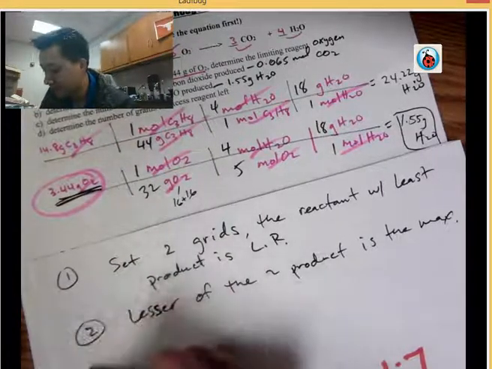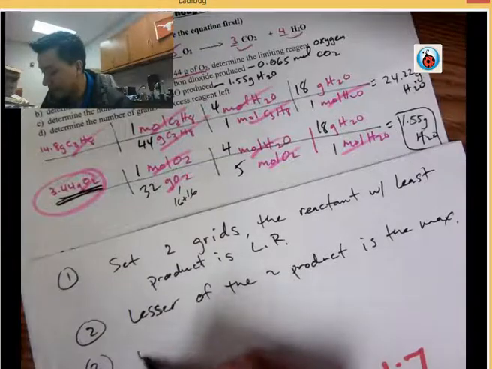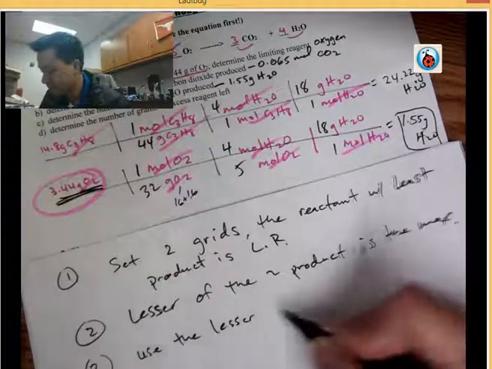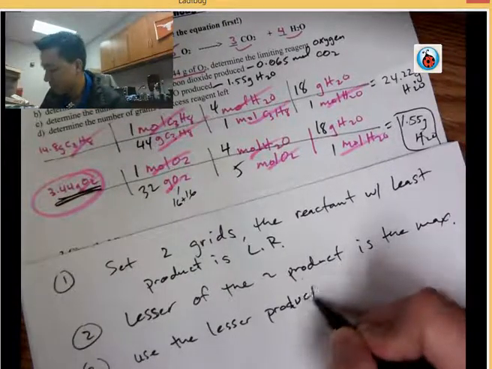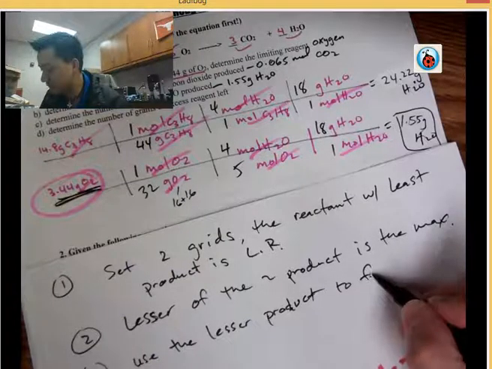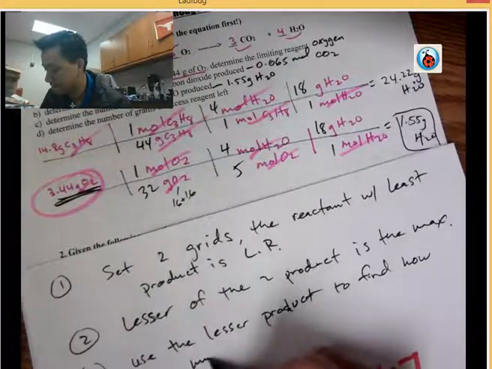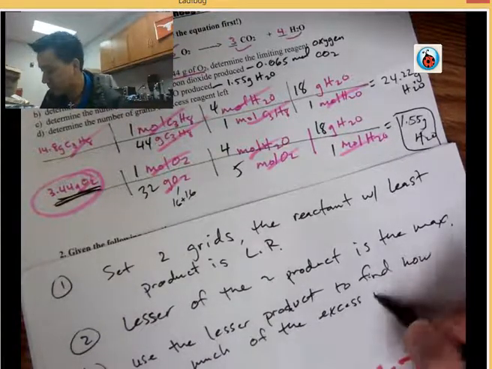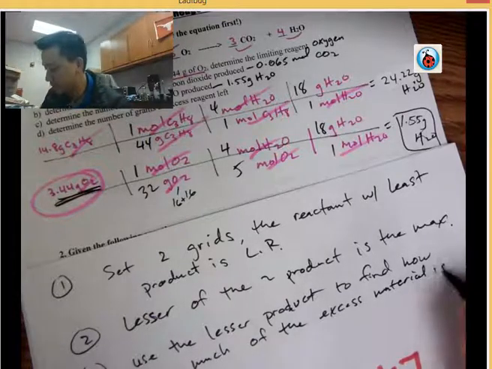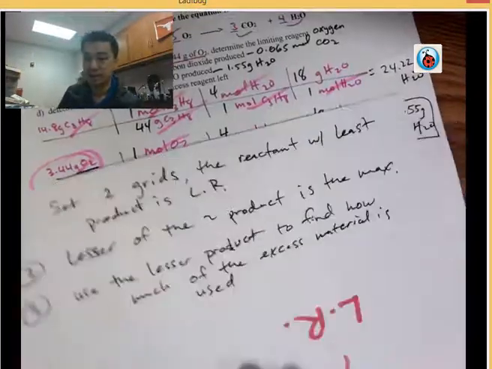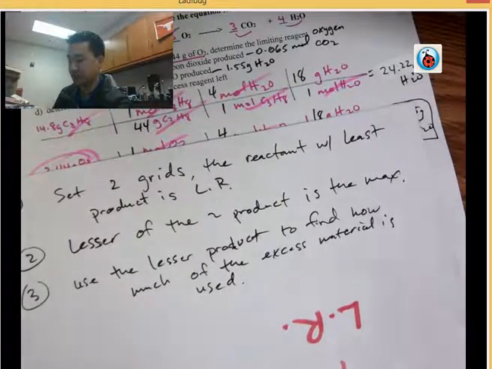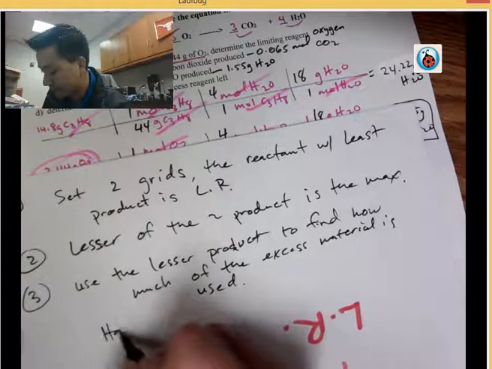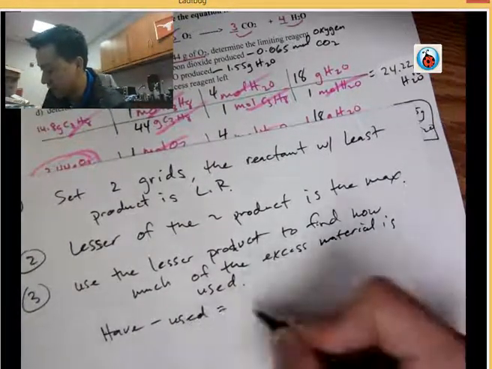Third, use the lesser of the two products to find how much of the excess material is used. Use the lesser product to find out how much of the other material is used, and then subtract: what you have, minus used, equals the excess amount.